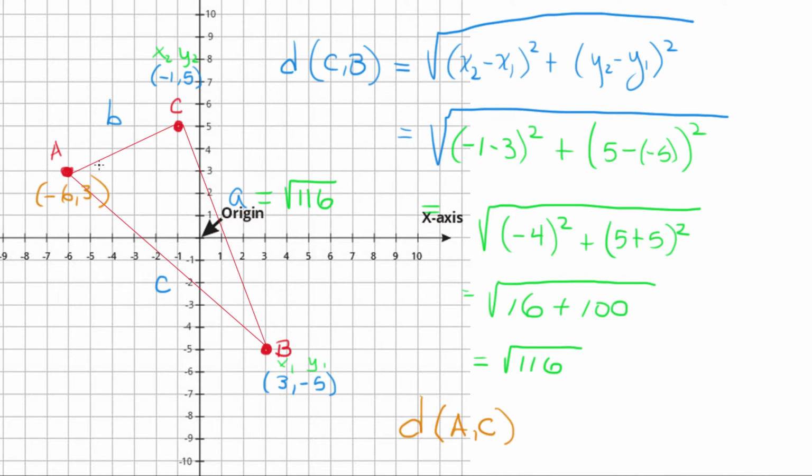And let me label them. Since I already have labeled x2 and y2, let's label this one x1, y1. So let's go ahead and do that.